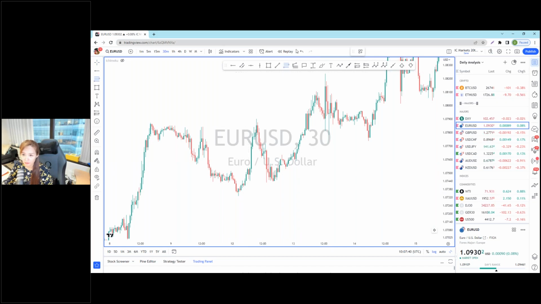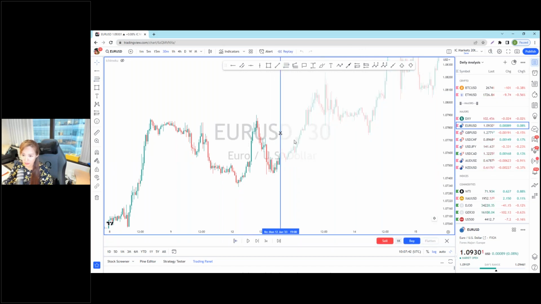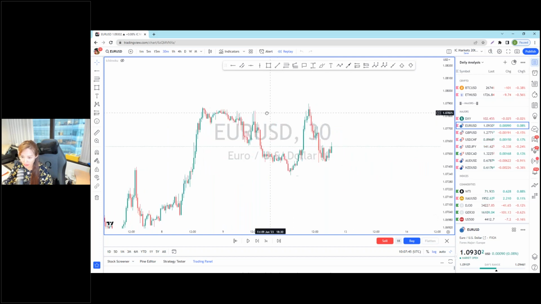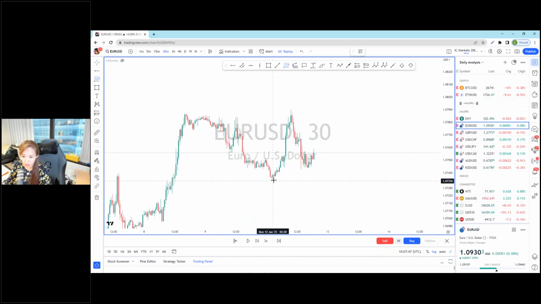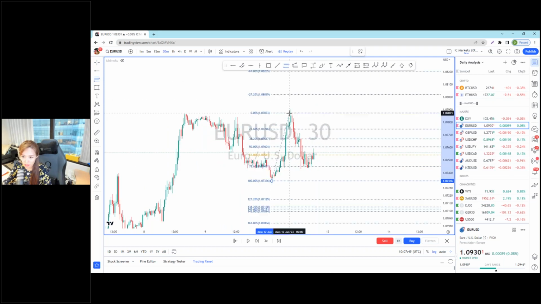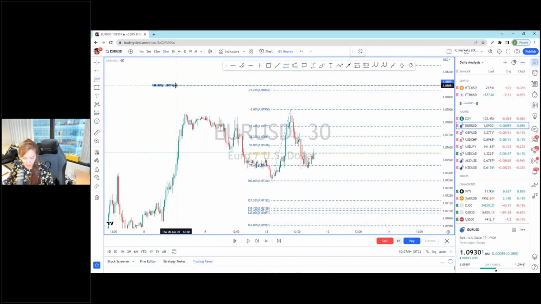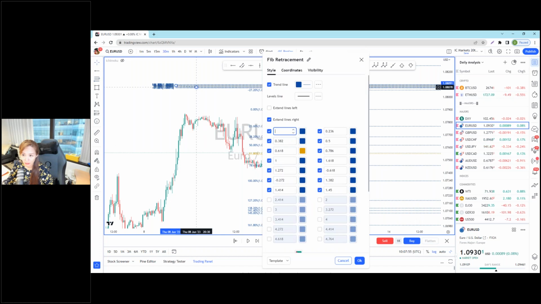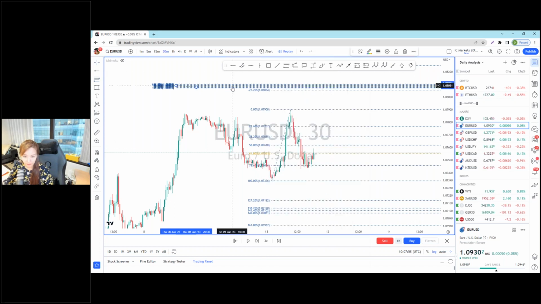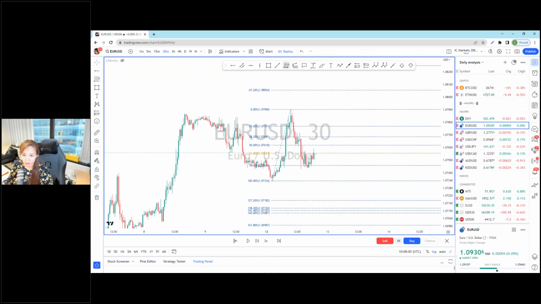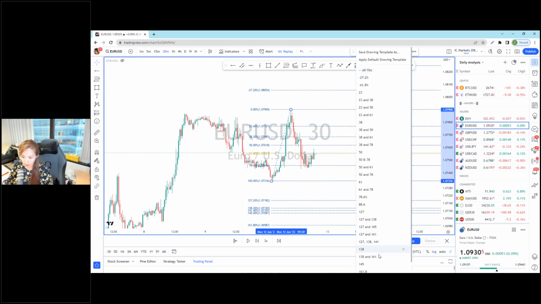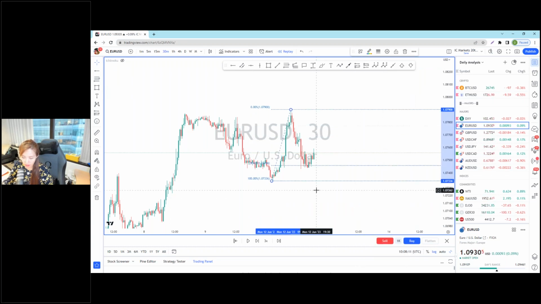For example, you draw Fibonacci here to here, and then you mark the zone. You just mark that price reacted at 78.6%.